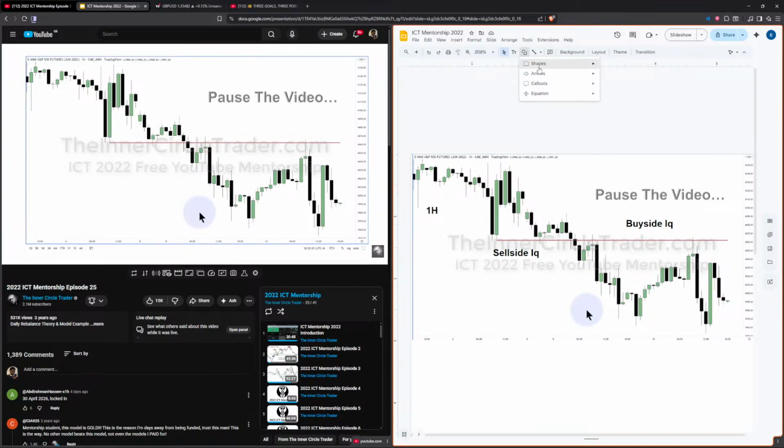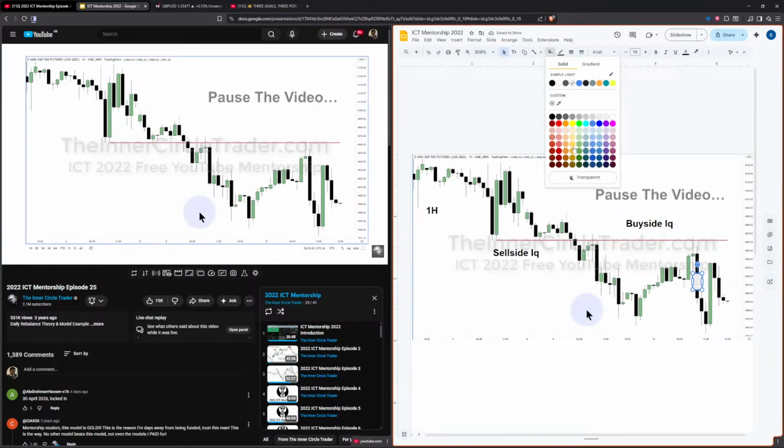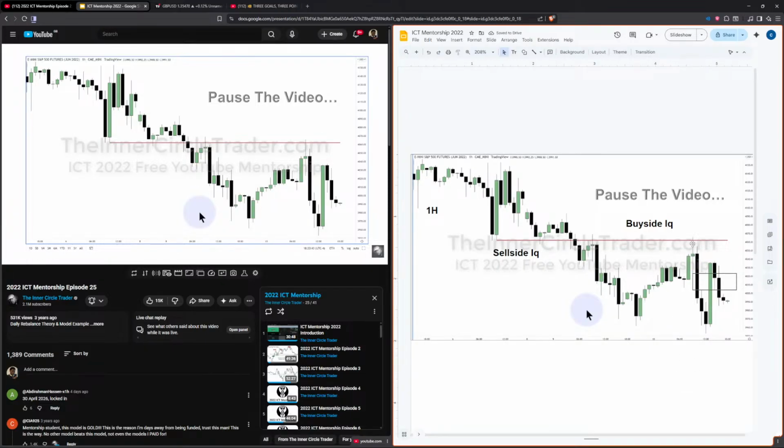We also see a fair value gap here. Price didn't go above this first candlestick.